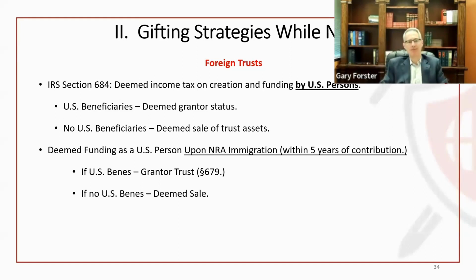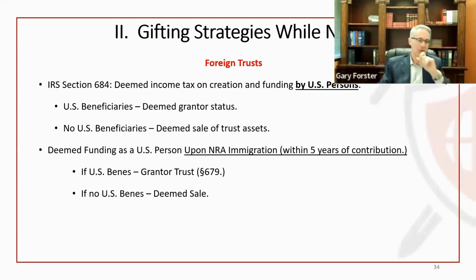But here's the rub. If you're foreign and you decide, okay, I want to do some pre-immigration planning, you're moving those assets into that foreign trust in an irrevocable way. You are getting those assets out of your U.S. estate so that when you come in, you don't have a U.S. estate. There's no tax. You're not worried about the exemption amount. You're not worried about anything. There is no U.S. estate.